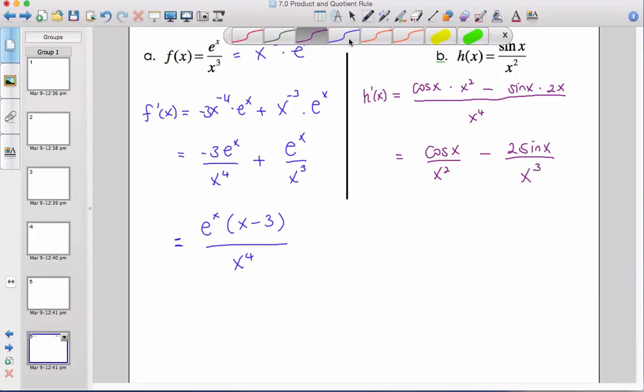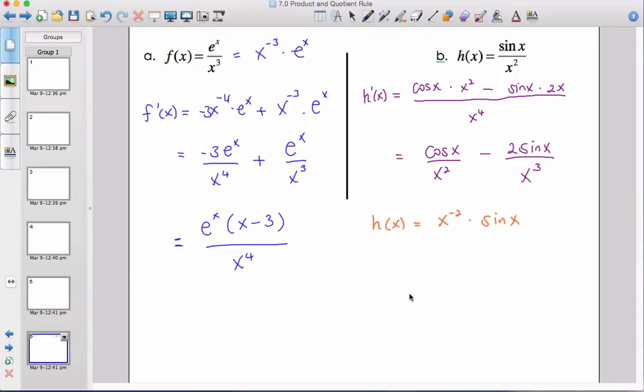Okay, so that was using the quotient rule, and now let's change h of x to x to the negative 2 times sine x, and that way we can use the product rule. In this case, it'll be derivative of the first one, negative 2x to the negative 3, times the second function, plus the first function times the derivative of the second.